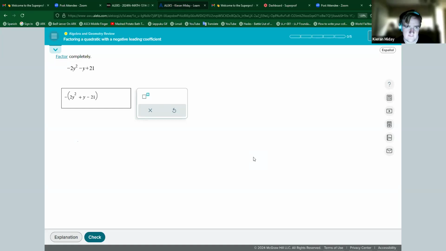But for this case, you see the variable y squared. That coefficient now makes us have to do something before we ask the question. And what we'll need to do is to multiply.